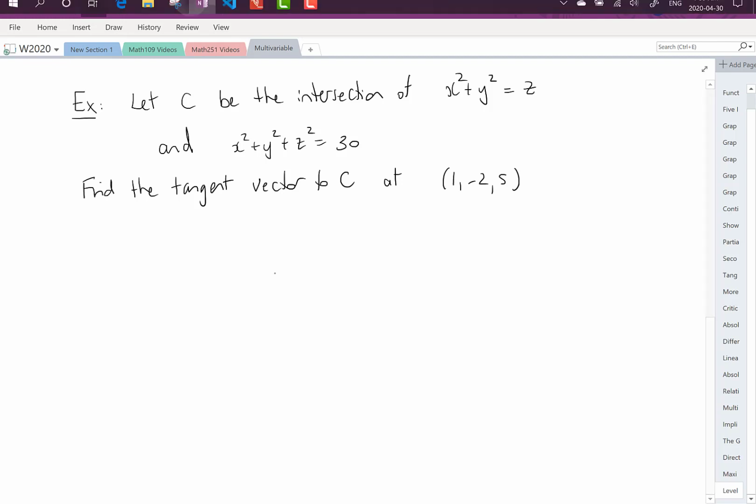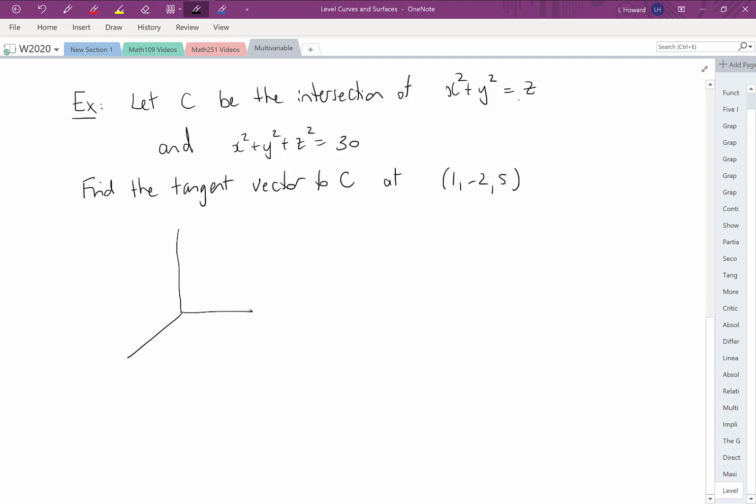Let's draw just a very rough picture to visualize this. The first surface here is a paraboloid, z equals x squared plus y squared. It's just a bowl opening upwards like that. The second surface is a sphere of radius root 30. Just for the sake of a picture, I'm going to draw our sphere looking something like that. When we intersect those two surfaces, we get some kind of curve that looks like that.